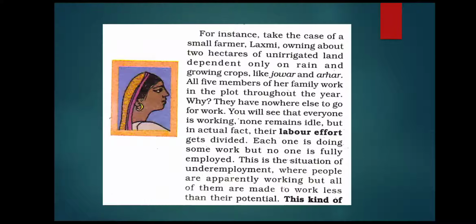All 5 members of her family work in the plot throughout the year. Why? They have nowhere else to go for work. You will see that everyone is working, none remains idle, but in actual fact, their labor effort gets divided.